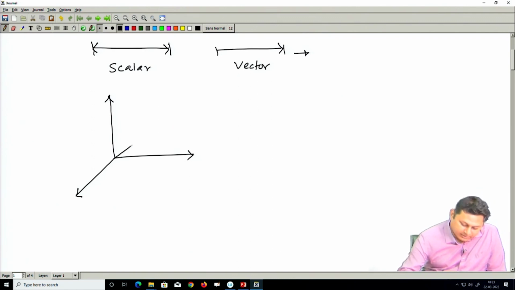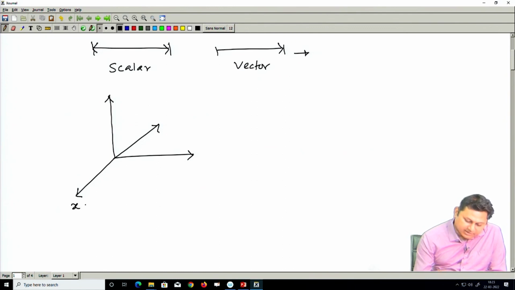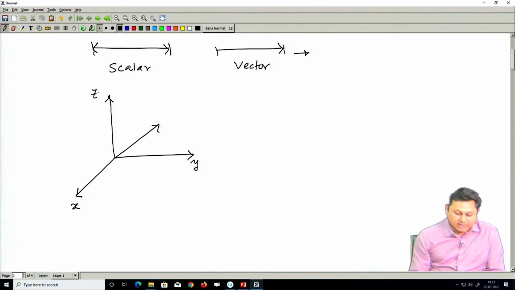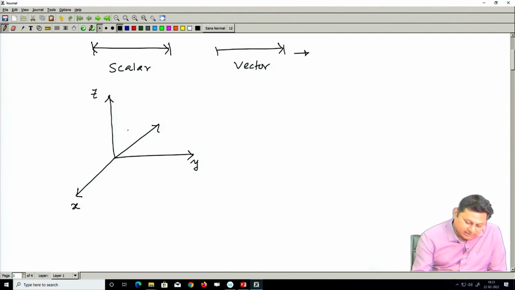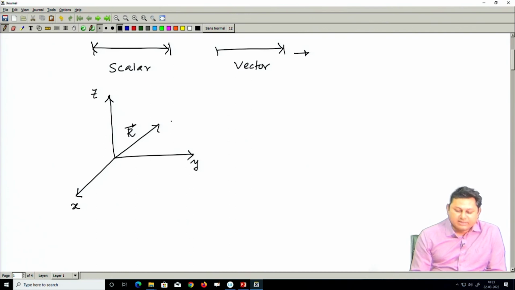Suppose this is a Cartesian coordinate system with x, y, z, and I have a vector, say the vector R. I always draw this vector as a straight line, showing that it has a length and a distance, and this distance can change.